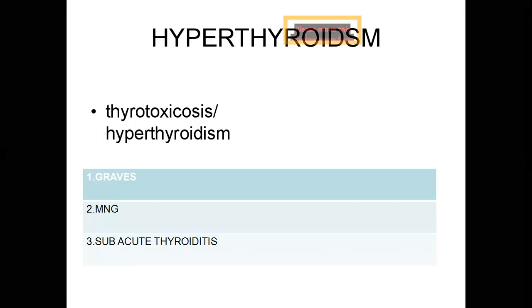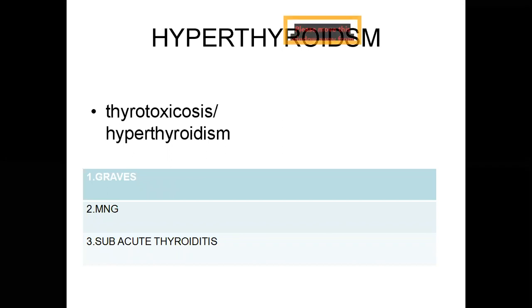So thyrotoxicosis is increased supplementation of levothyroxine, that is drug induced, whereas hyperthyroidism is increased secretion of T3 and T4 in the human body, but these two are interchangeable.